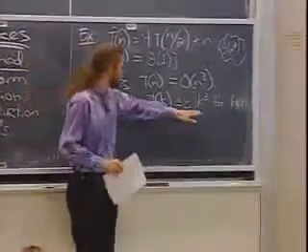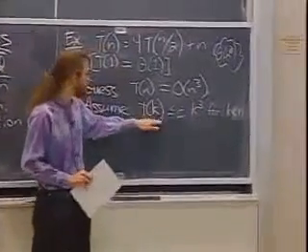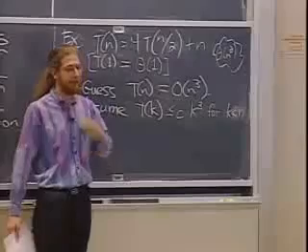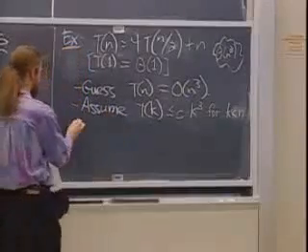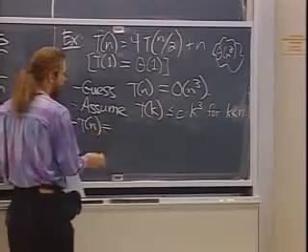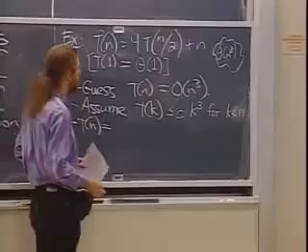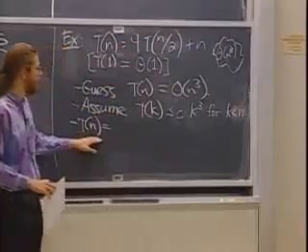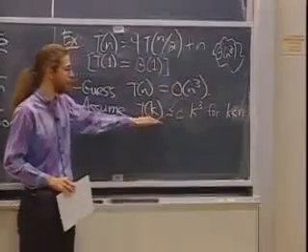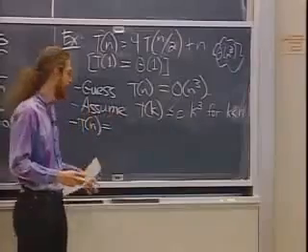OK, so now I've written out the constant. I should be safe. What I need to prove, I'm assuming it for all k less than n. And now I have to prove it for k equal to n. So I'm going to take t of n and just expand it. I'm going to do the obvious thing. I have this recurrence, how to expand t of n. Then it involves t of n over 2. And I know some fact about t of n over 2 because n over 2 is less than n.